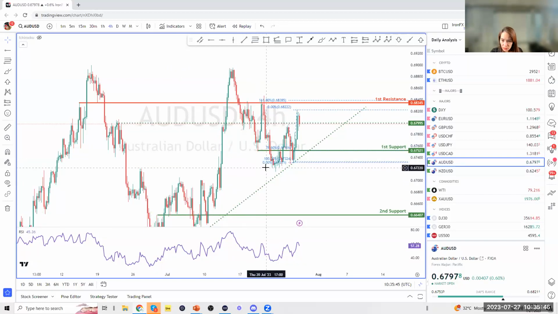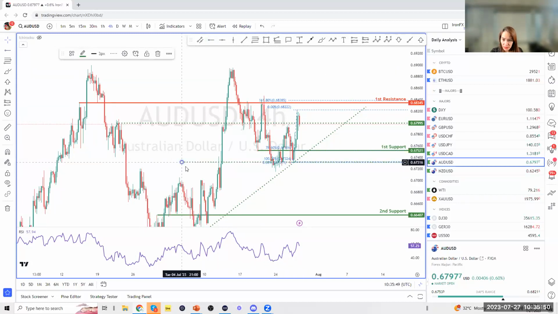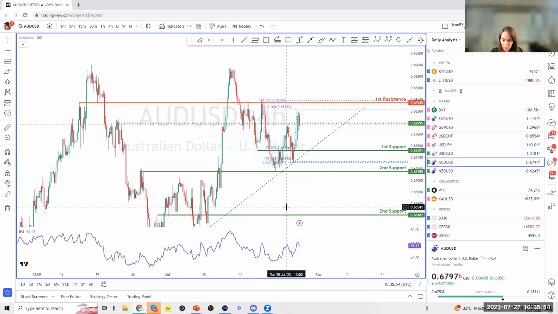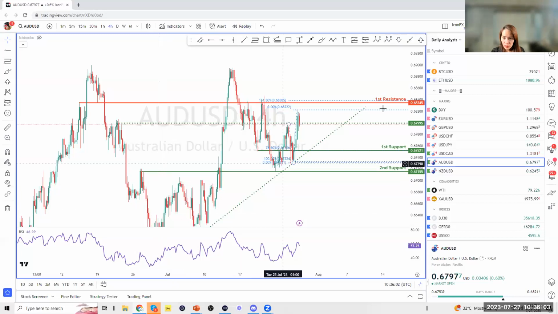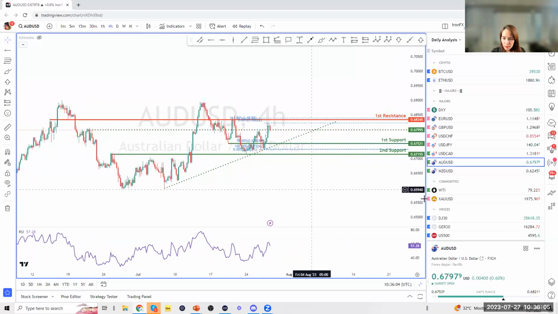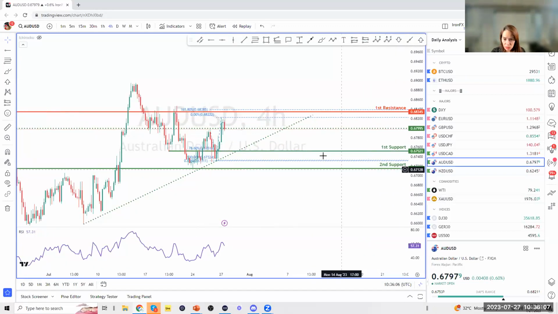We don't use this, it looks messy. And then this is to be the second support here. Oh yeah, correct. And then I remove this one, but it's too far for H4. So this could be potential like that.